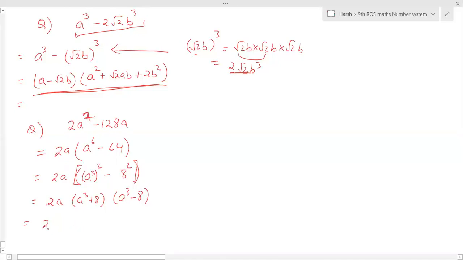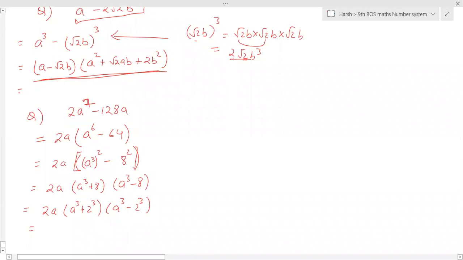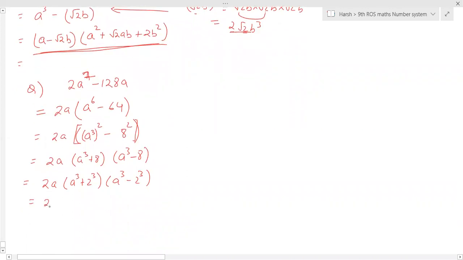So 2a, a cube plus 2 cube into a cube minus 2 cube. Okay, now 2a, a plus 2.